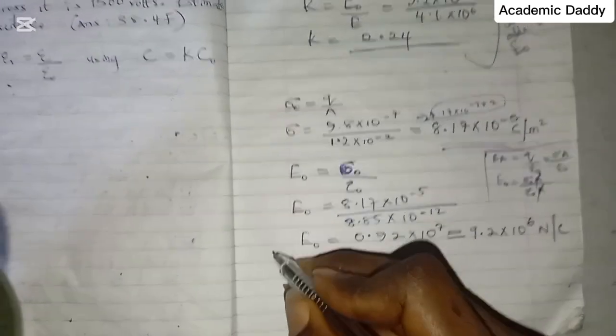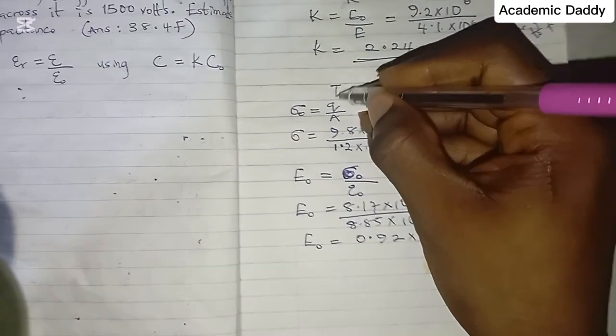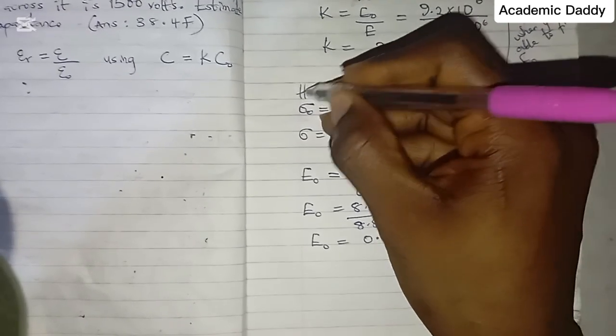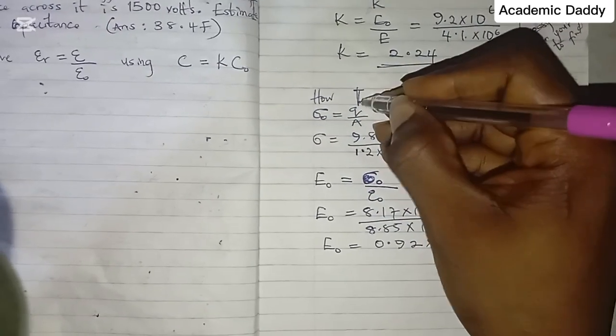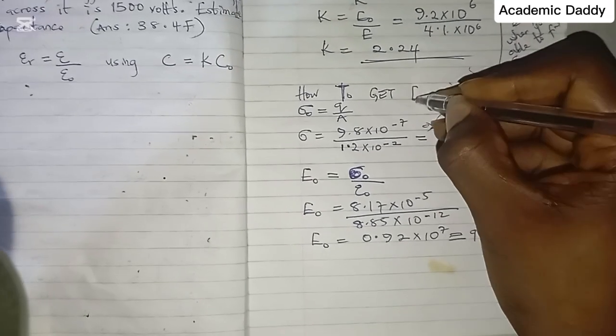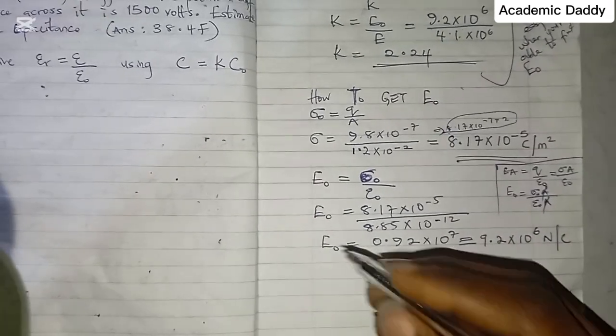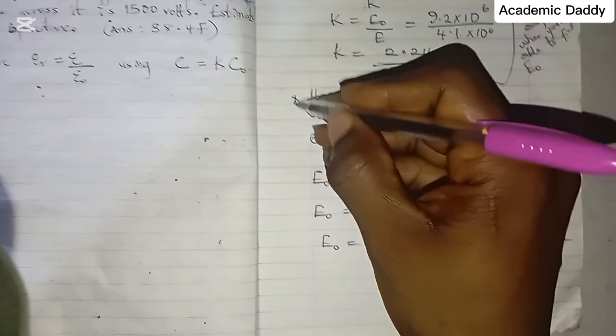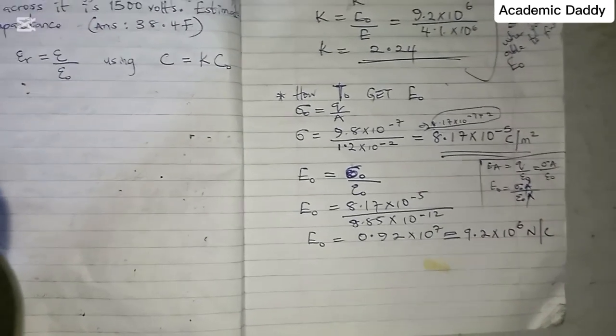So that is how we got E naught that we used. That is how to get E naught.